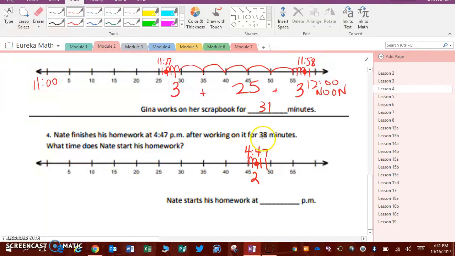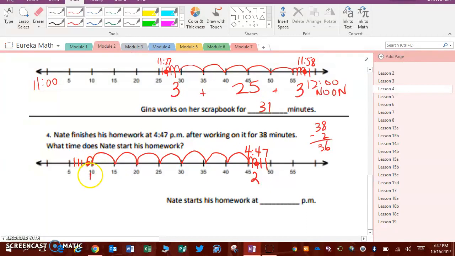So if I take away, I started at 38 minutes totally for his total work time. I've already counted off these 2 here. That means I have to count off 36 more minutes. So this is 5, 10, 15, 20, 25, 30, 35. And now I need 1 more. So I'm going to draw my 4 tick marks and hop to that 1 more.